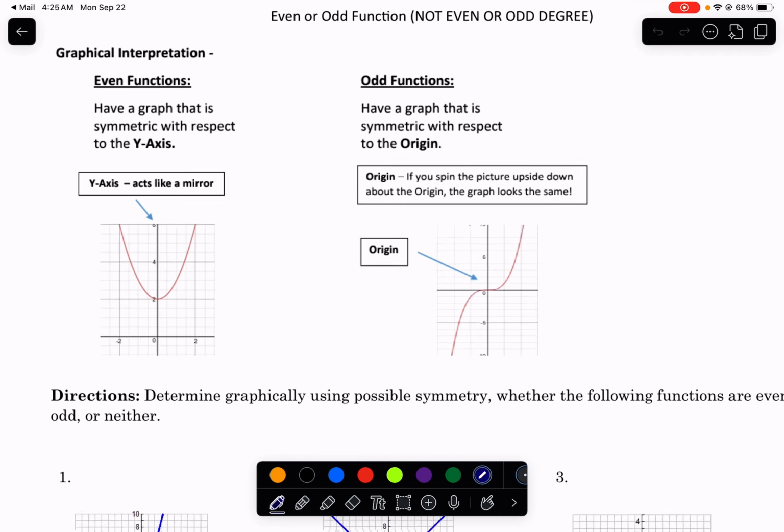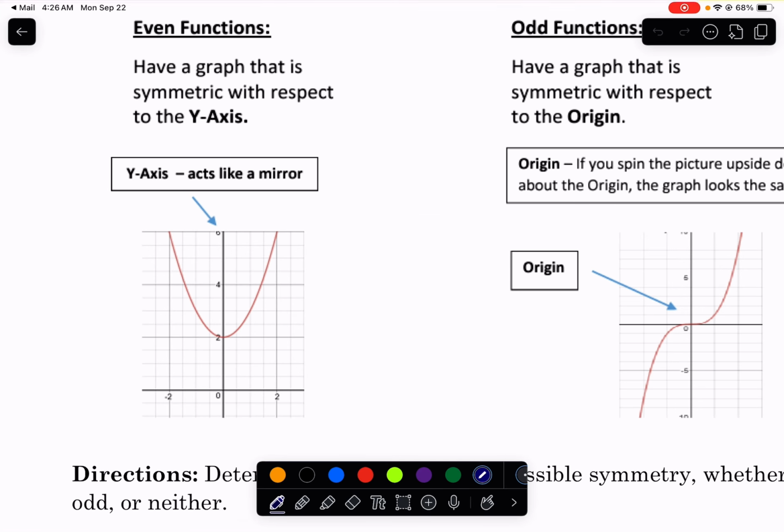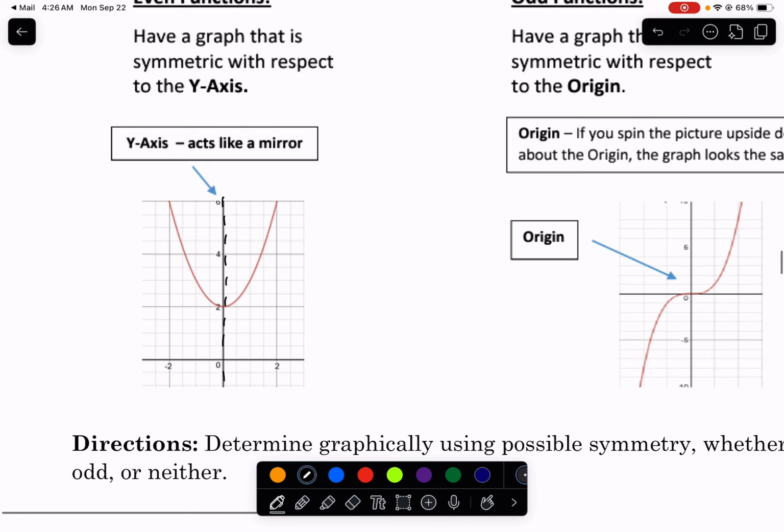All right, so when you have an even function, you're going to have a graph that is symmetric about the y-axis, meaning that the y-axis acts like a mirror. Whenever you plug in a value, like here, let's say we plug in a 3, when you plug in a -3, you're going to get the same thing out, okay?